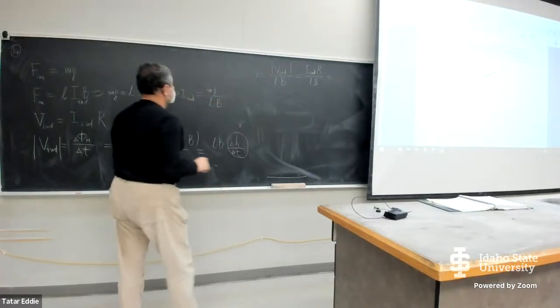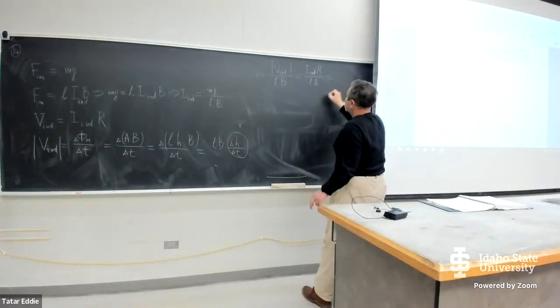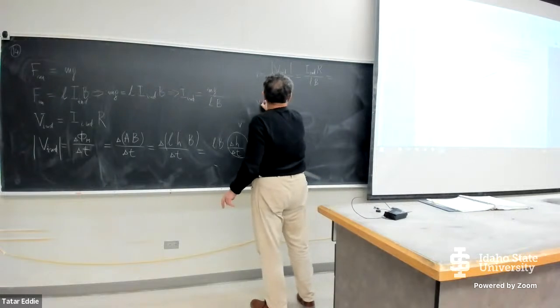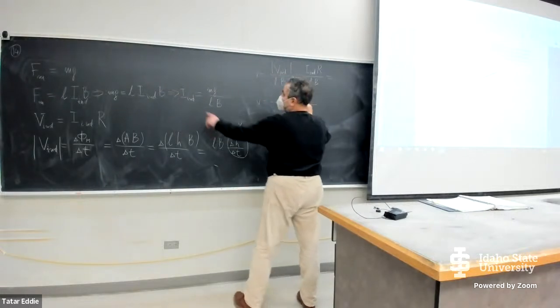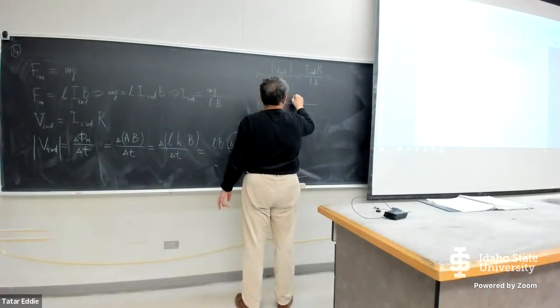Okay, so this is pretty much it. So this is equal to, so you're going to get some cancellations. So instead of induced current, say it is mg divided by LB.